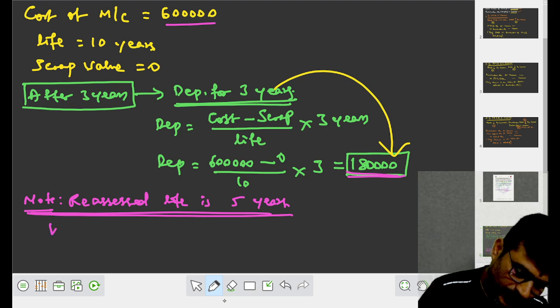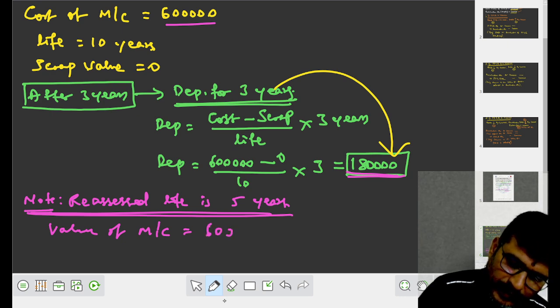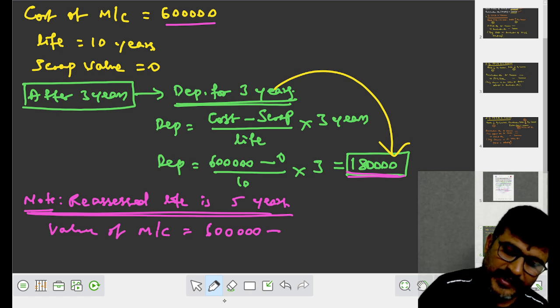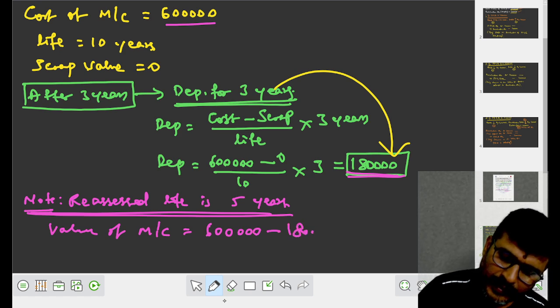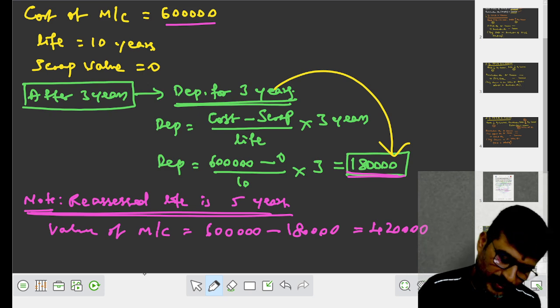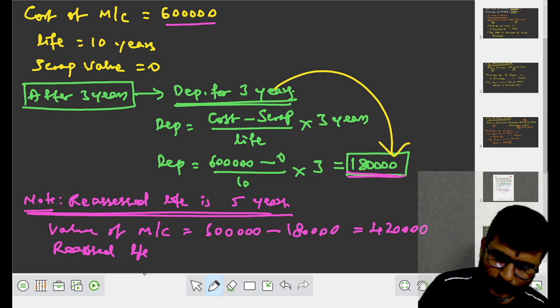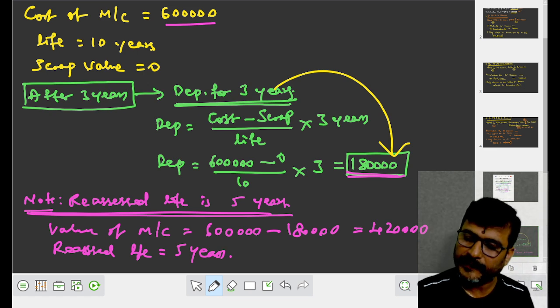Now, value of machinery is, out of 6 lakh, subtract 1,80,000. It comes to rupees 4,20,000. Now, reassessed life is 5 years.